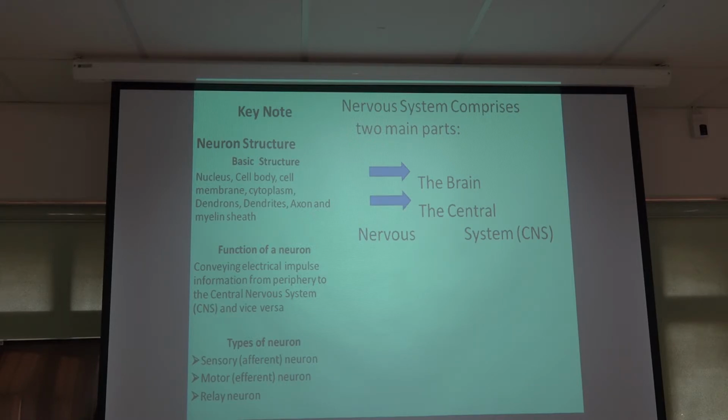So you can have an interneuron that connects from the response position towards the central nervous system, but also you can have a relay neuron that connects the information that comes from the brain to the central nervous system or to the spinal cord, going now to the efferent position. That's where the actual response is going to take place. The information from the central nervous system going to a position where the response is going to take place is carried out by a motor or efferent neuron.